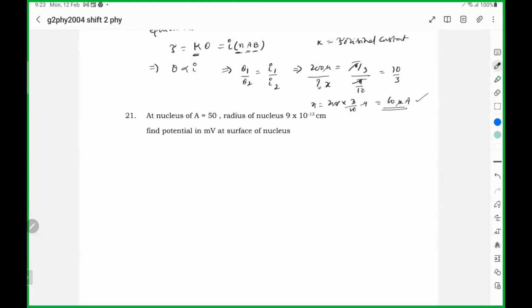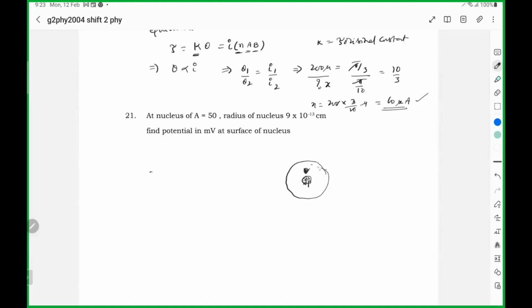Here a nucleus of atomic number 50, the radius of the nucleus is given. Find the potential. So this is a spherical shape. The nucleus is at the center of this atom and atomic number is 50. Charge on it is Q. Here this is the nucleus where neutrons and protons are there.